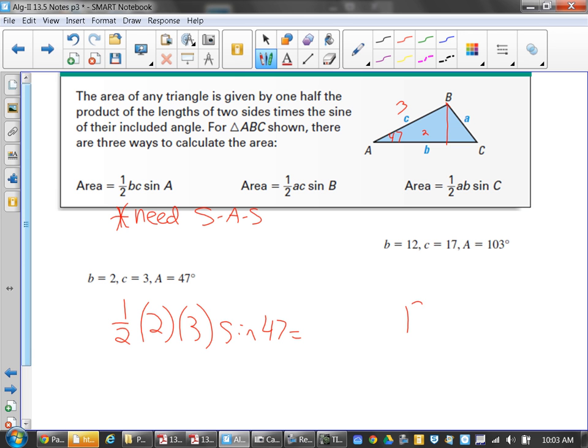Here's what I want you to do. This is all 13.5 stuff. So it's page 804, 28, 83, 49, 50, 57, and 58.